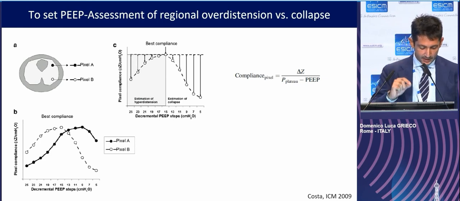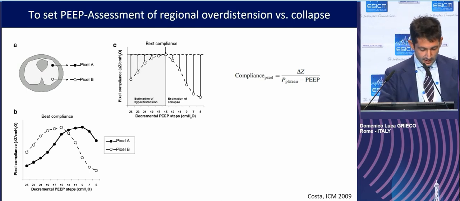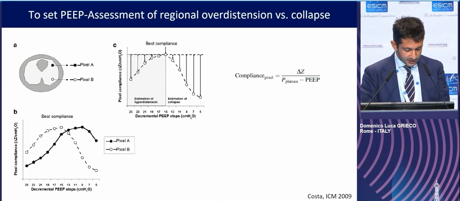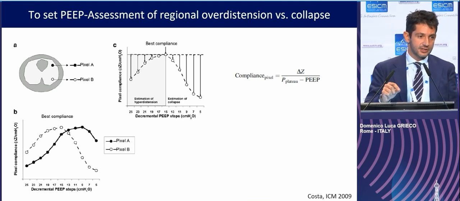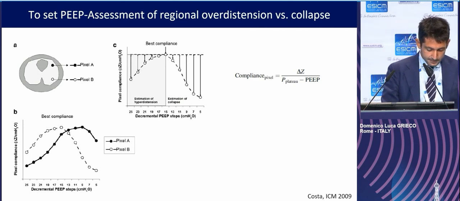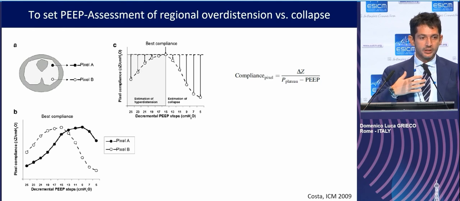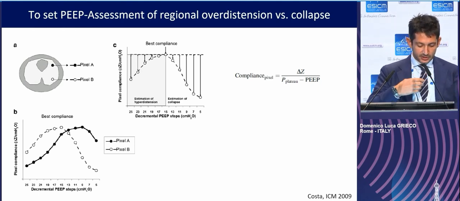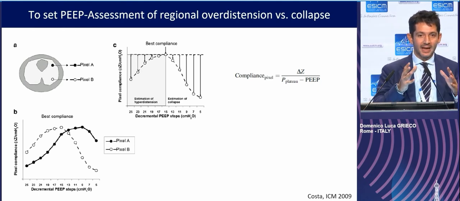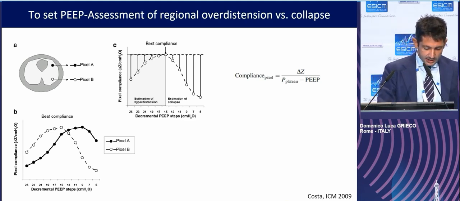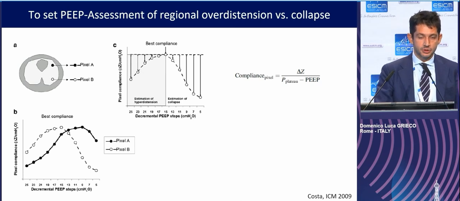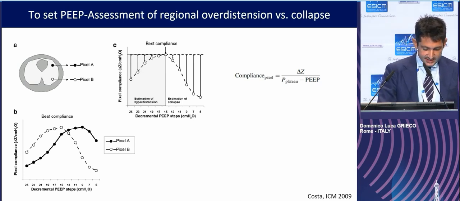And this can be done, if you see the lower figure, during a decremental PEEP trial, and you will clearly see that the behavior of the two pixels is different, because the black pixel, which is the one in the most ventral part of the lungs, has its best compliance, so optimal mechanics for that pixel, at a lower PEEP, between 7 and 9 in this case.